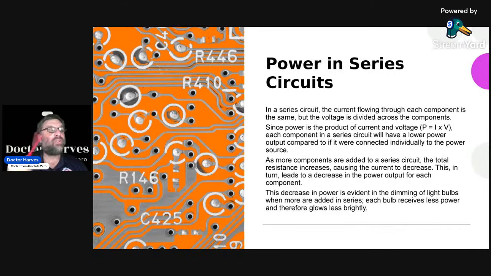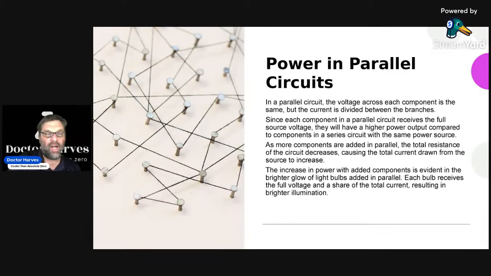If the voltage of the battery stays the same and you increase the resistance by adding more components in series, then you decrease the current. That means the brightness goes down as well. So a decrease in power is evident in the dimming of the light, because your resistance is going up and your current is going down.